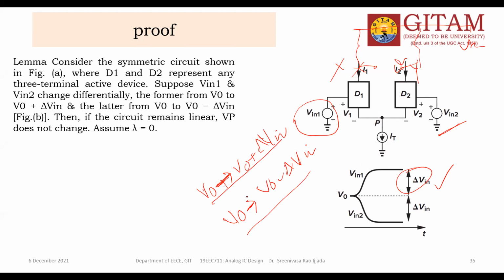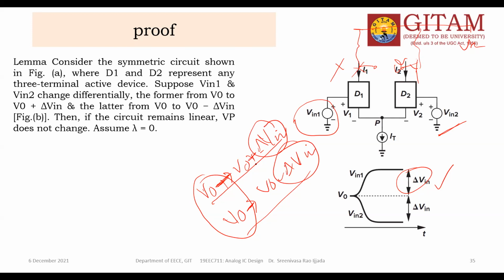See, V0 is the equilibrium voltage, or you can say reference voltage. To this one a value is added, from this one the same value is subtracted. This is called the differential inputs.